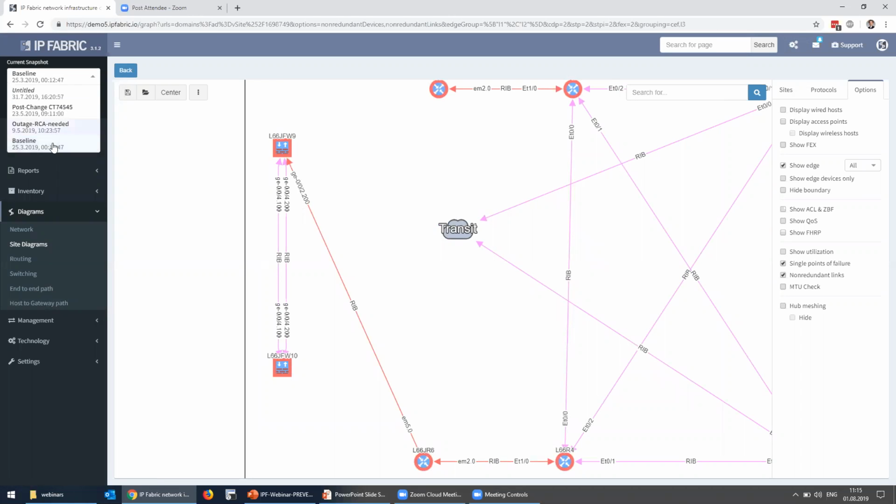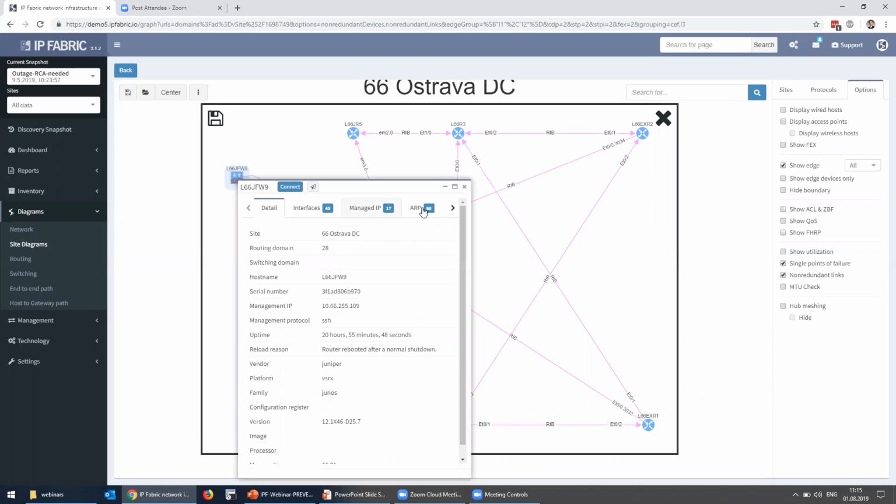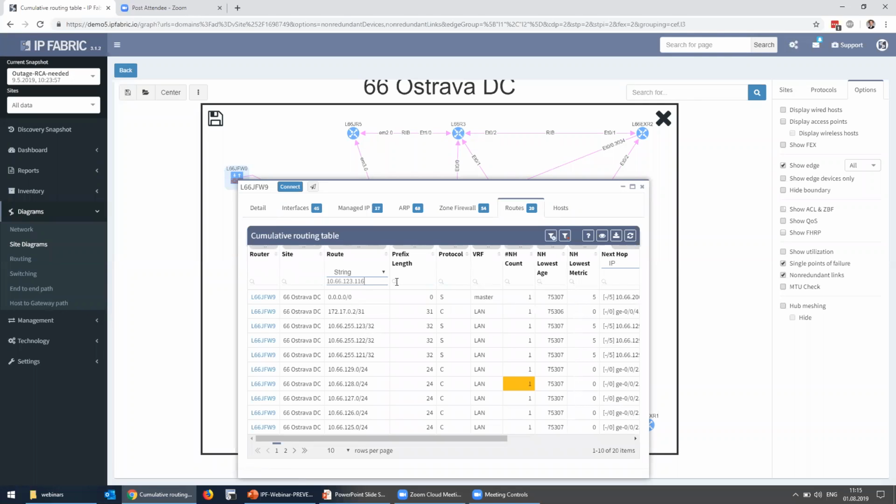But looking at the baseline or looking at the outage itself, we can see that firewall 9 was not down, and there was a subnet that was hosted on it, and so it should have been reachable.